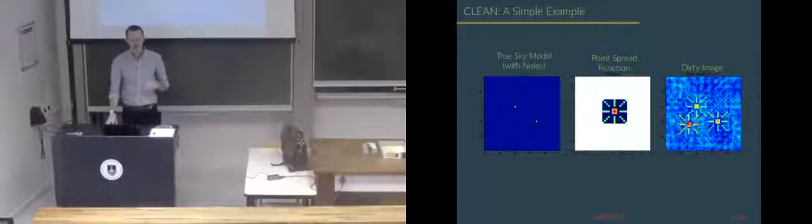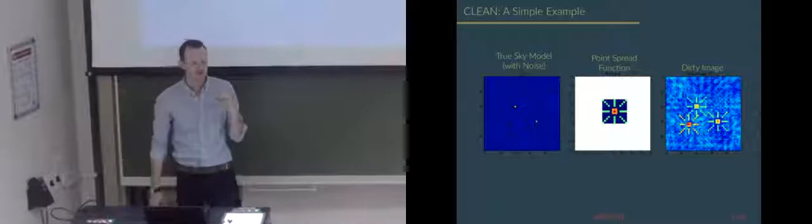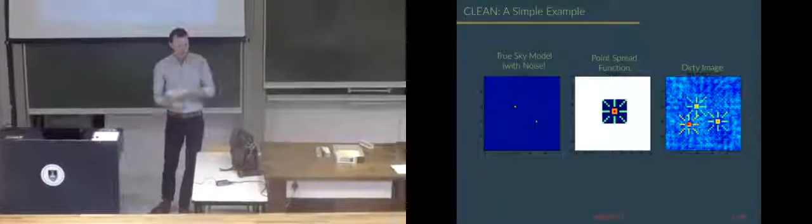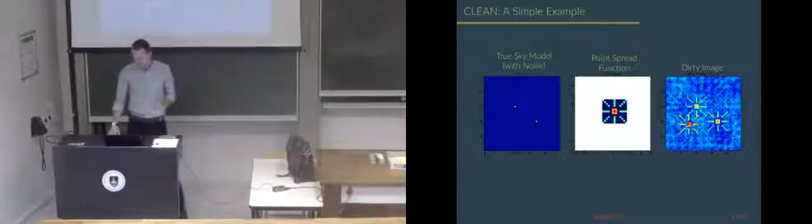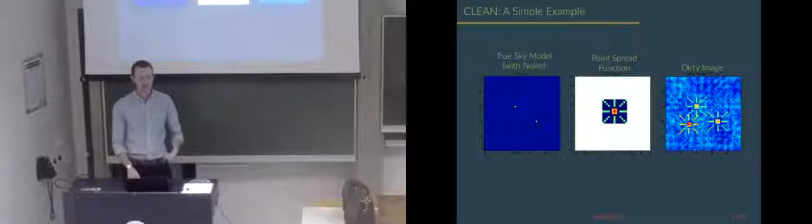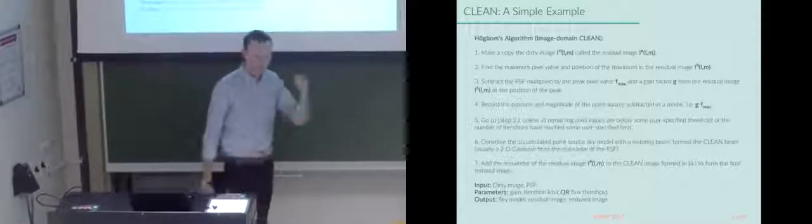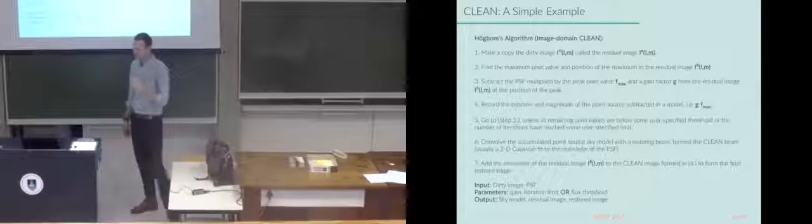You say, okay, there's some flux there. That's my brightest point. The brightest point is very likely a source, because it's very hard to justify how you get a bright point, assuming you're not in the noise floor, that's not a source. It's not going to be a side lobe of some PSF. It's very likely a source. So what you do is you go, okay, I found some amplitude there. I'll subtract out a portion of it.